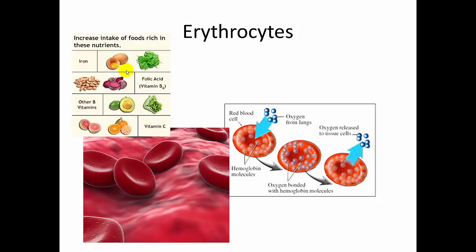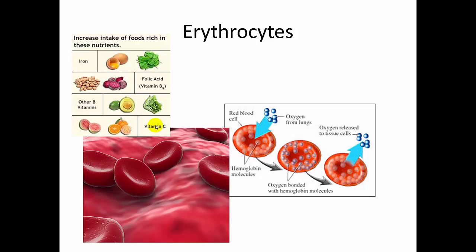You can see that folic acid, which is vitamin B9, comes from beans and legumes. Other B vitamins come from, again, our green leafies, avocados, which are an awesome source of B vitamins. And then, of course, we need vitamin C. Vitamin C is always important in growth of tissues.